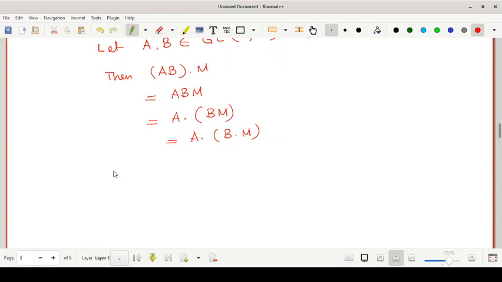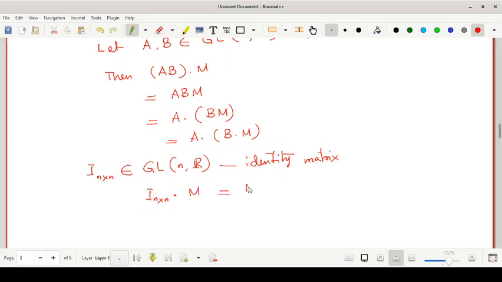And if you take the identity matrix I_n, an element of GL_n(R), then I_n acting on any n by n real matrix M means I_n multiplied with M, and this will give you M only.